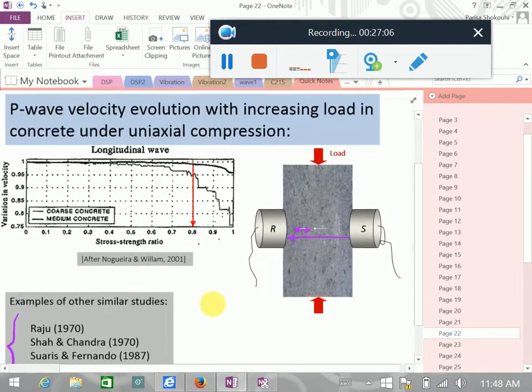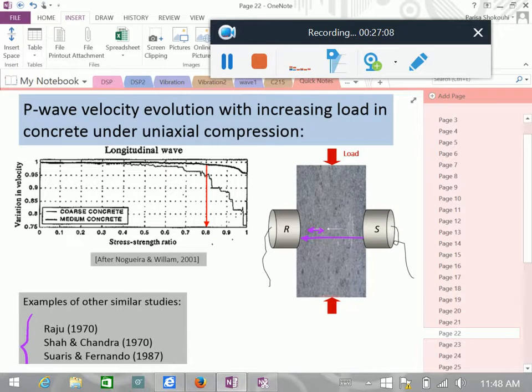Now the collective results of these experiments are what you can see here. The x-axis is the stress-strength ratio going from 0 to 1, meaning that at 1, the sample fails in compression.